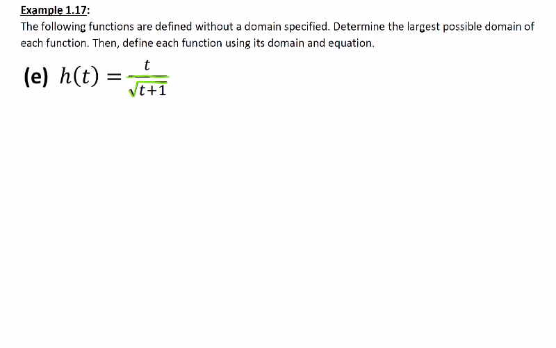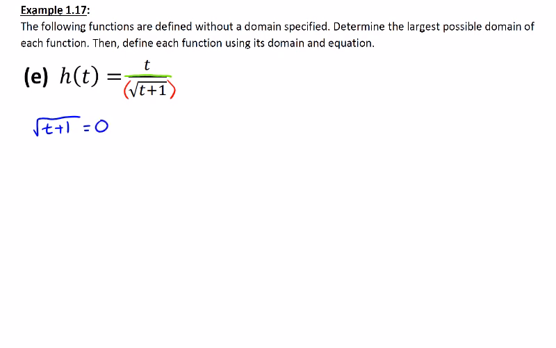So let's start with the division. With the division, we are dividing by the entire denominator there, square root of t plus 1. So algebraically, we are expected to take the square root of t plus 1 and set it equal to 0.